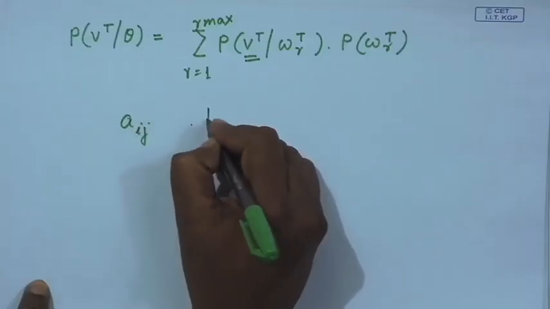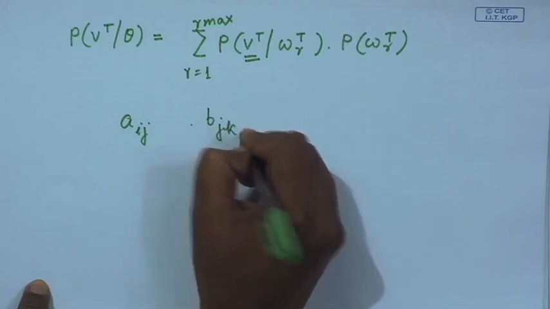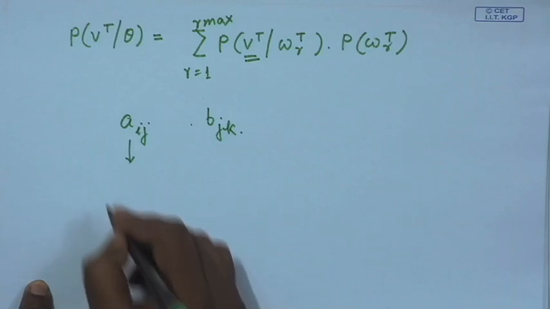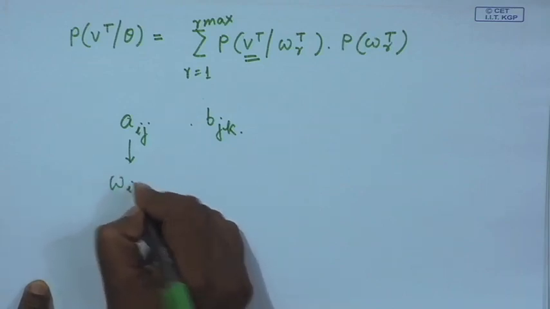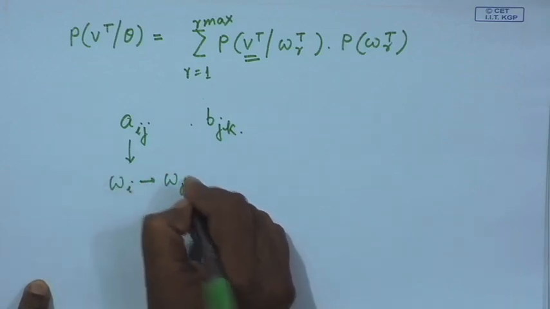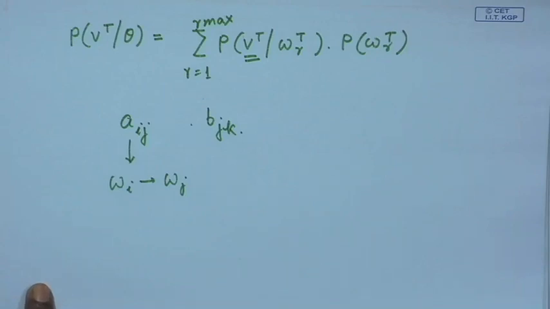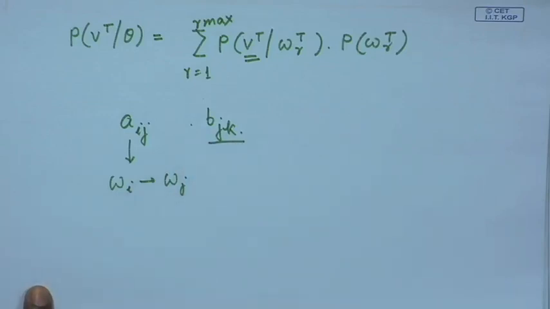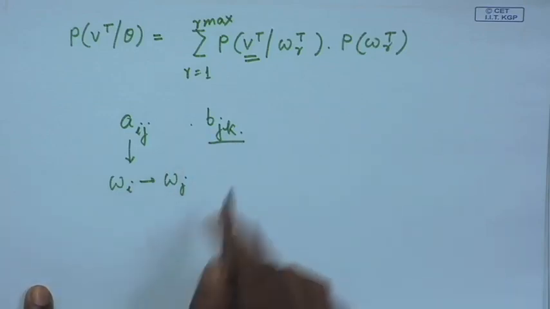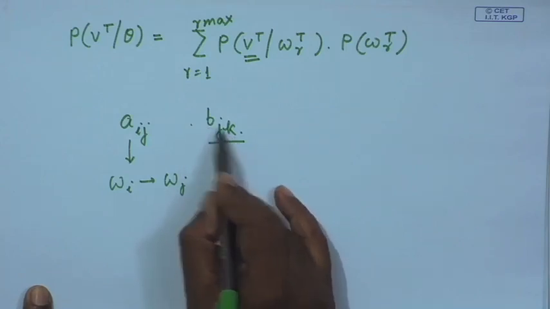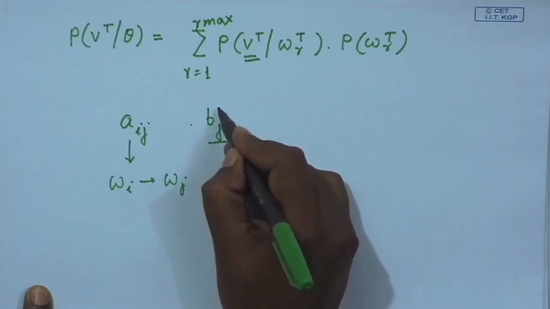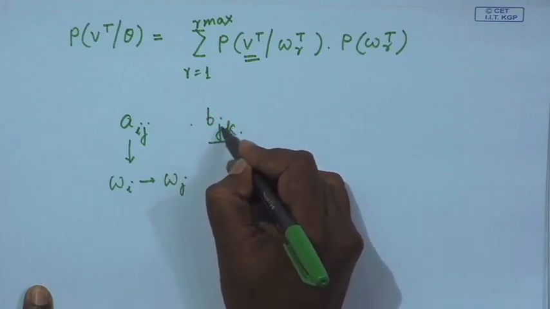and B j k, where A i j, we know, is the transition probability from state omega i to state omega j, where both omega i and omega j are hidden states, and the symbol emission probability B j k is the probability that the machine generates a symbol V k when it is in state omega j.